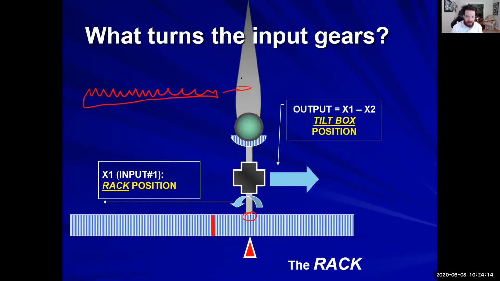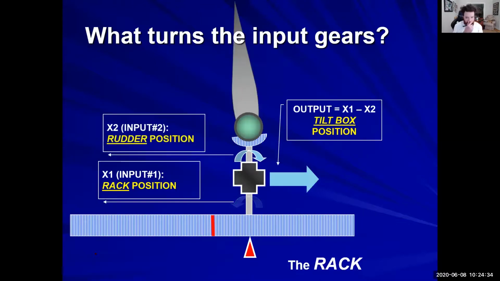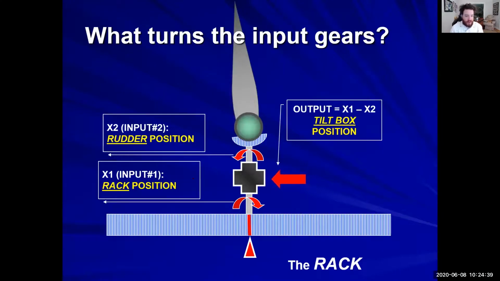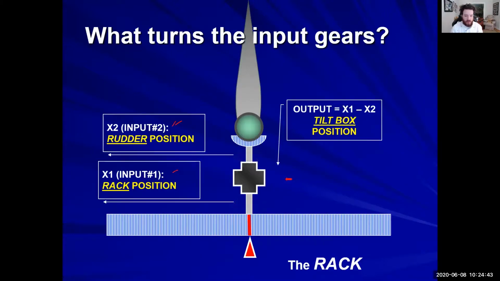It moves laterally instead of in an axis rotation, and it's going to spin a gear, and that gear is input number 1. So our rack is input number 1. Our rudder position is input number 2. Our output is X1, or our input number 1, so it's rack minus rudder.